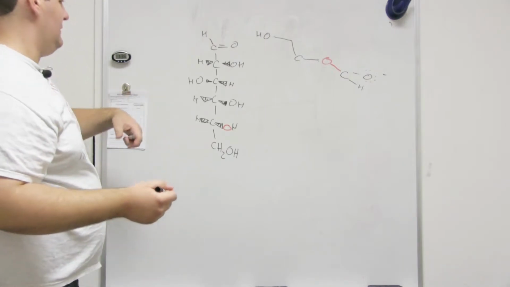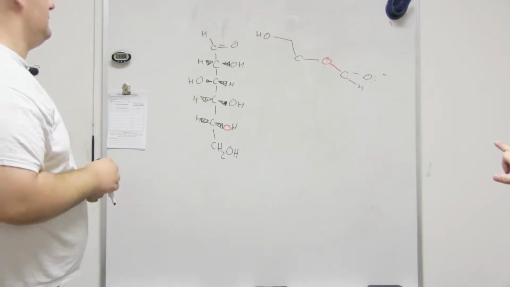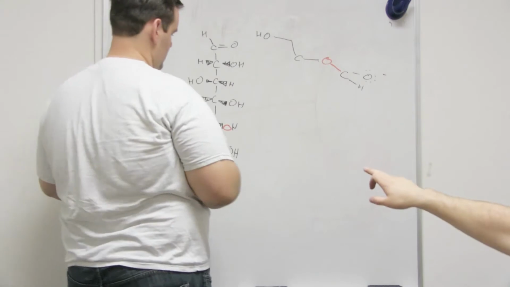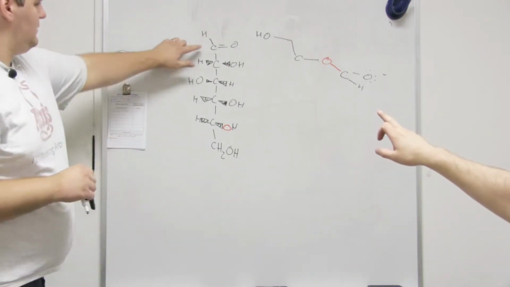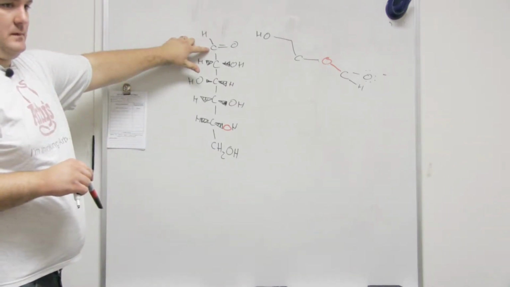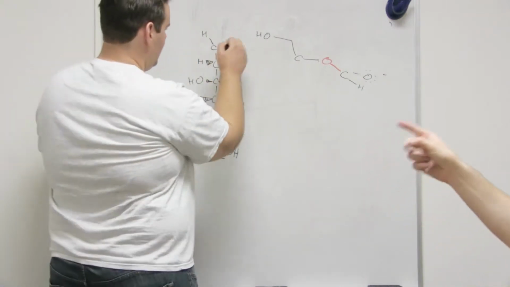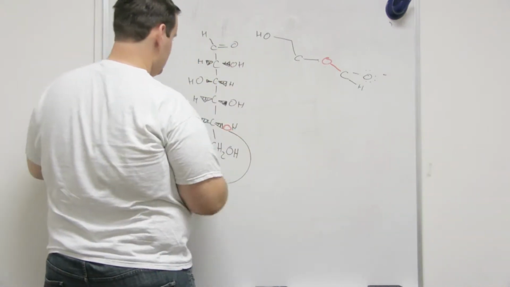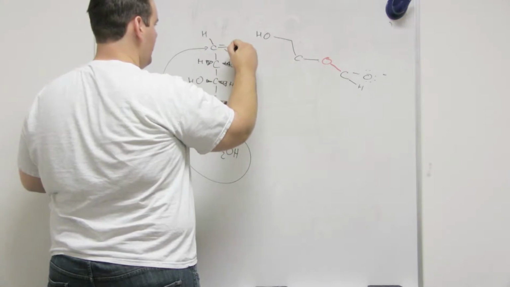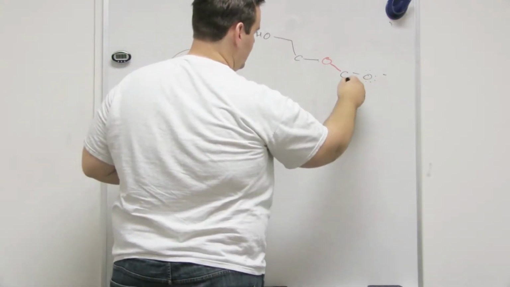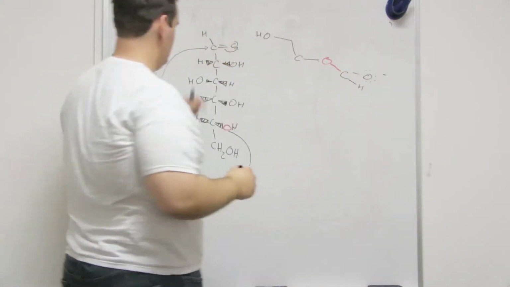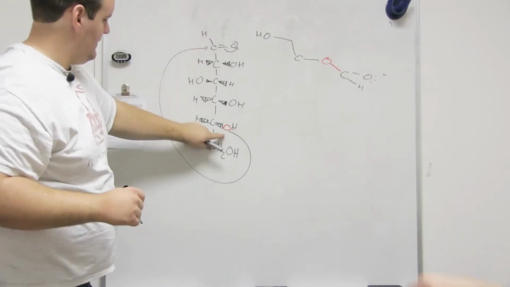So when this oxygen comes up, it attacks the carbon, and then this double bond kicks up here. What happens to the hydrogen on the alcohol down here?